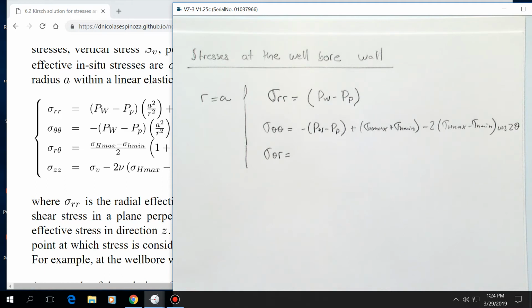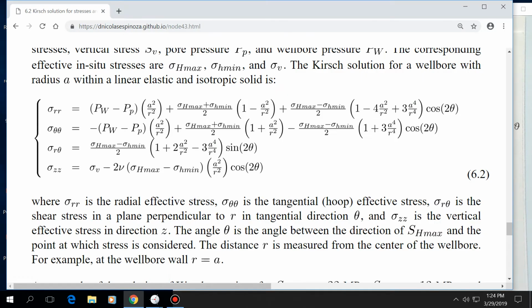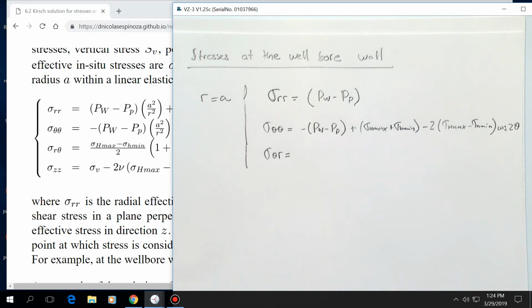We just have fluids in it, and fluids cannot apply significant shear unless it's just fluid shear. And if we look at the equation again, this is equal to 1, this is 1 plus 2, 3 minus 3, which is just 0. So this stress is going to be 0. I'm not going to bother right now about the axial stress, so we're just going to leave it like that.